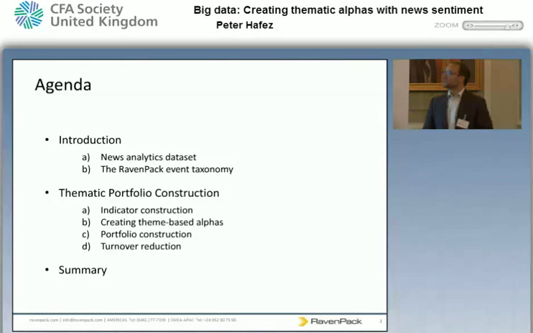Finally, we also apply some algorithms on top that address specifically the turnover of the final strategy. You can say that the final step falls outside the scope of the news analytics process itself, and is more related to the implementation of these types of strategies.